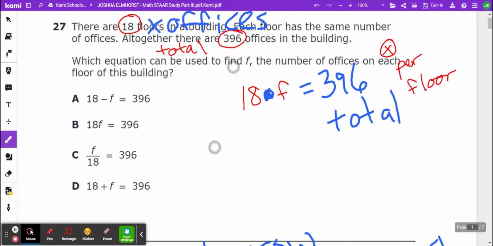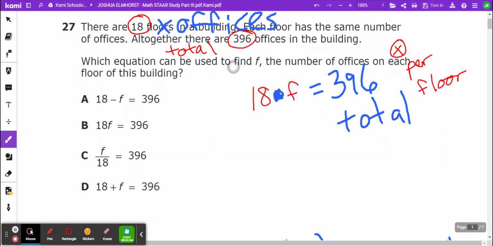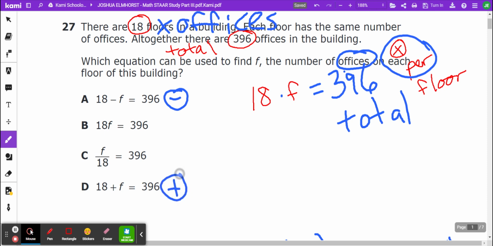So we're looking at question number 27 from the release STAAR. First thing we're looking at is there's 18 floors in an office building, and each office on the floor says the offices are per floor. Well, this keyword each and per means you're multiplying. So if you look at your answers here, you have subtraction and addition.